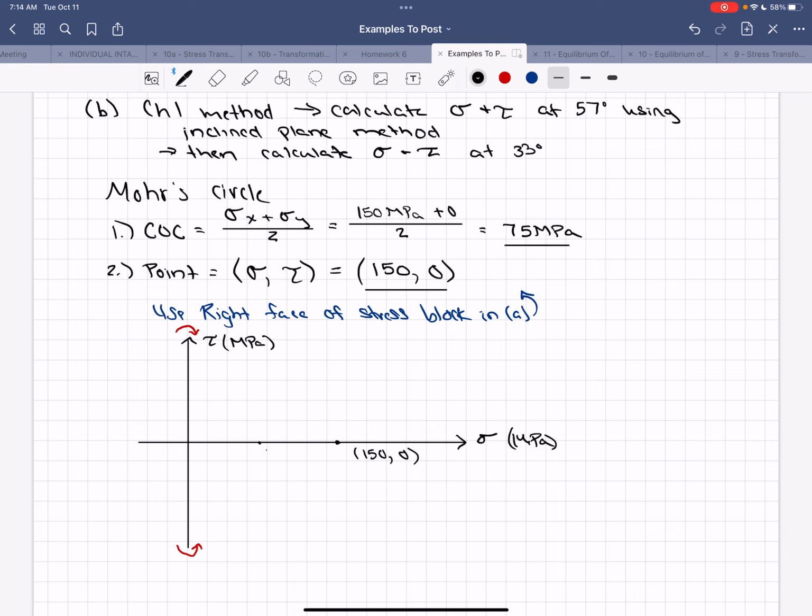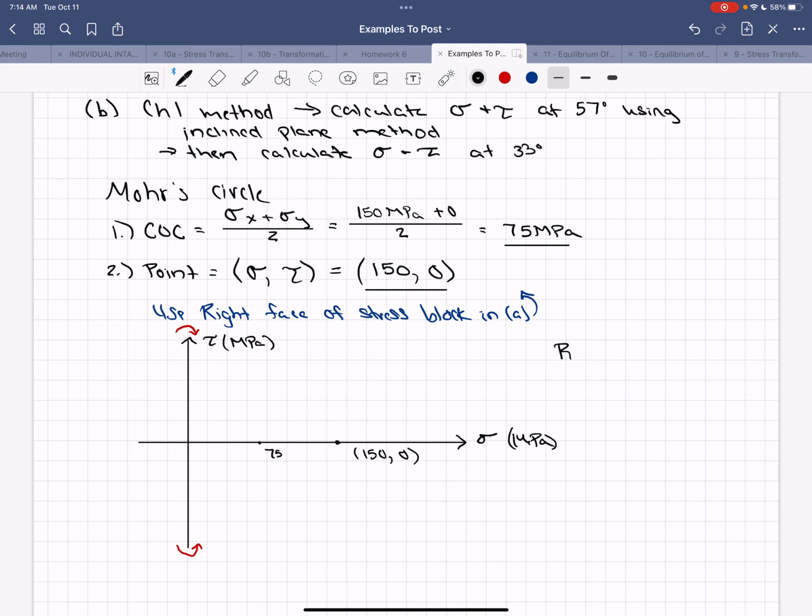And we know the radius will be 75 just from knowing how circles work, but we can also calculate the radius off to the side.